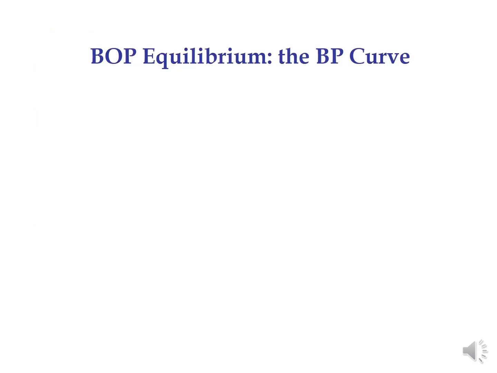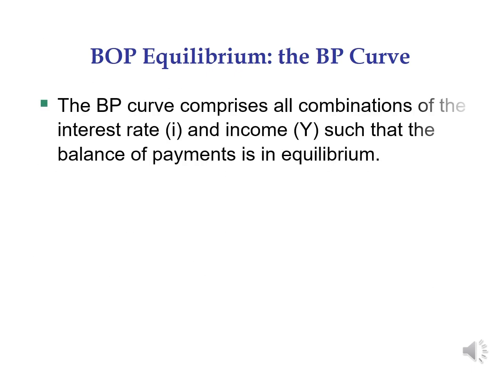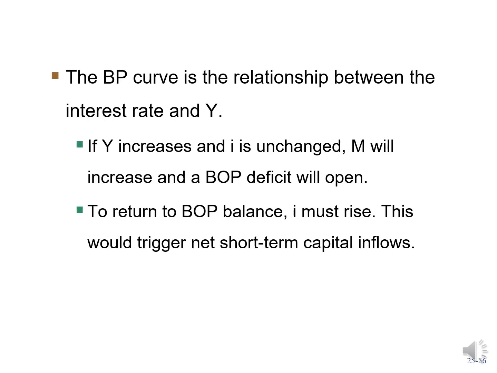BOP equilibrium, or balance of payments equilibrium, the BP curve. The BP curve comprises all combinations of interest rate i and income Y such that the balance of payments is in equilibrium. The BP curve is the relationship between the interest rate and Y. If Y increases and i is unchanged, imports M will increase and a BOP deficit will open.